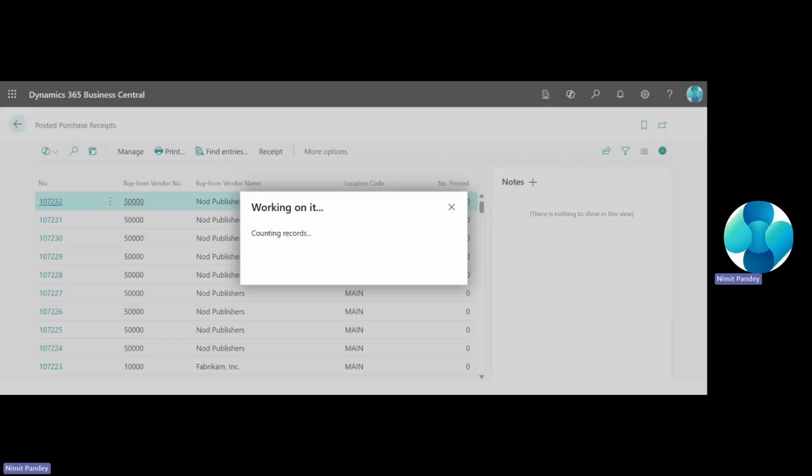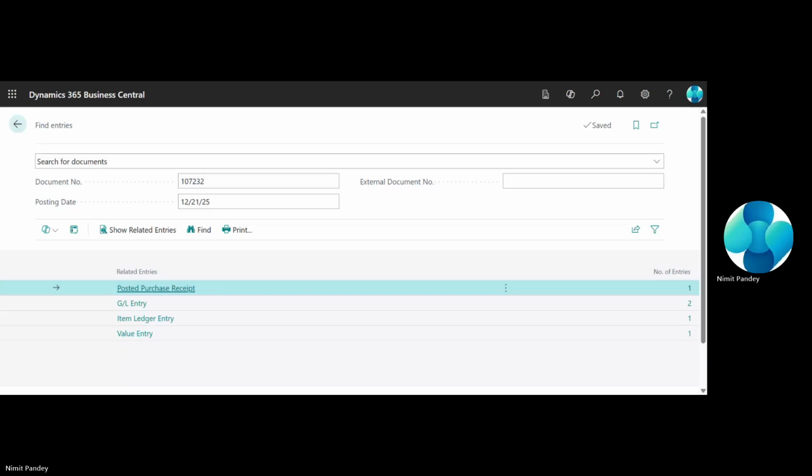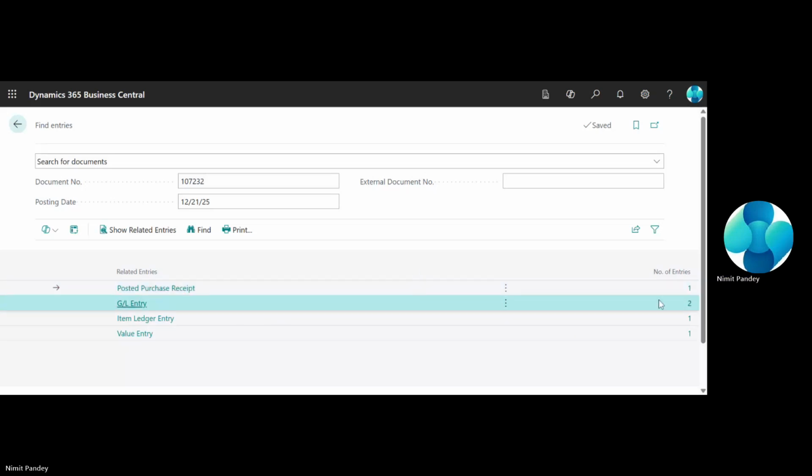Yeah, it's working. So it creates two GL entries for interim to show the expected cost.